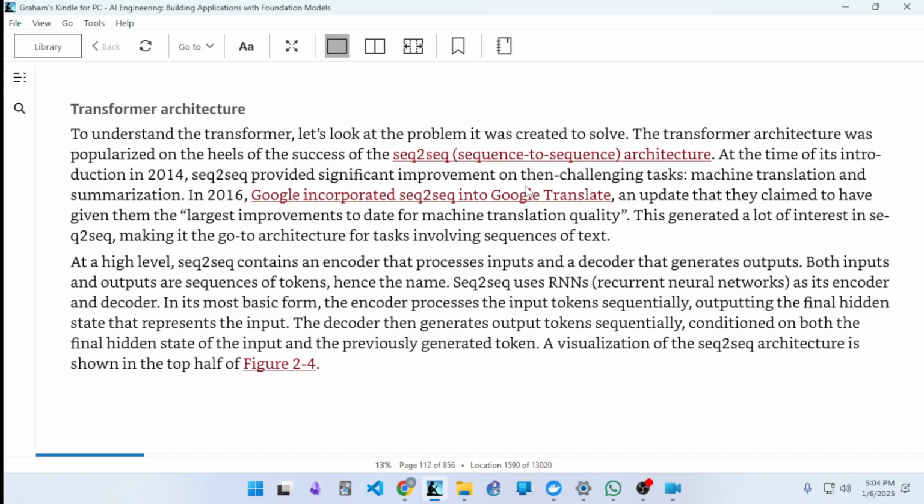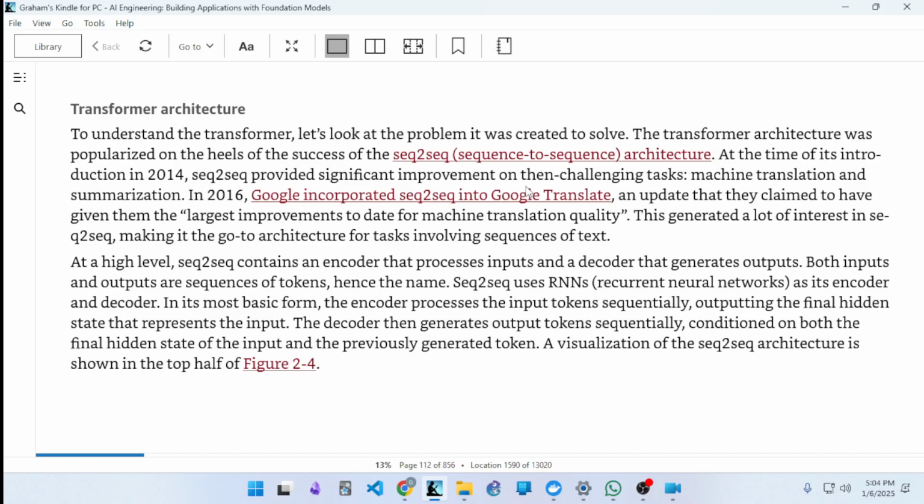They were using the definitive best alternative to something like the GPT architecture. At a high level, seq2seq contains an encoder that processes inputs and a decoder that generates outputs. Both inputs and outputs are sequences of tokens, hence the name. Seq2seq uses RNNs, recurrent neural networks, as its encoder and decoder.